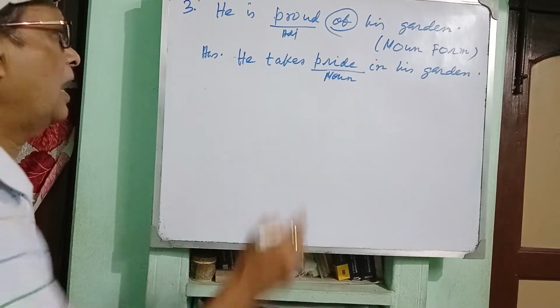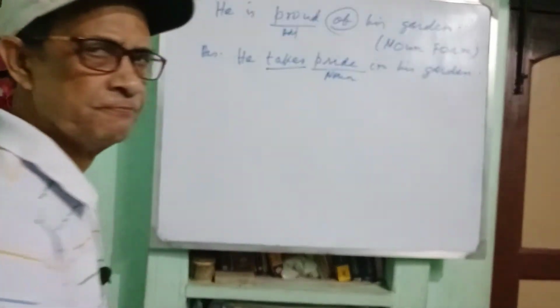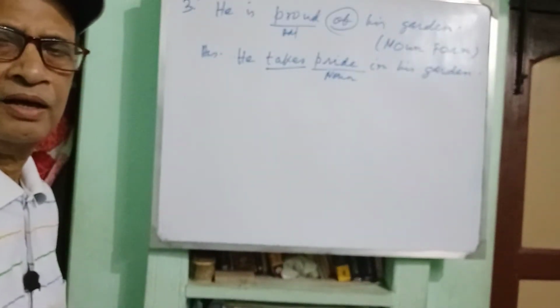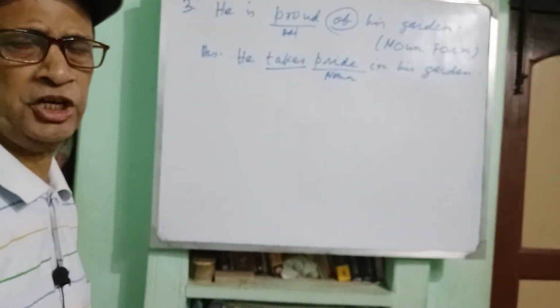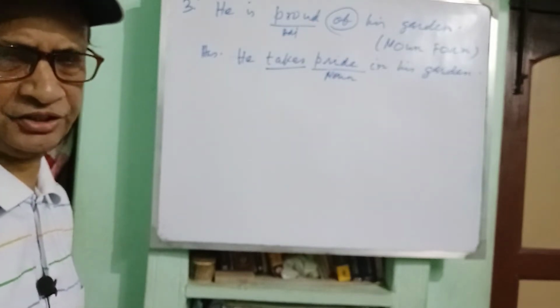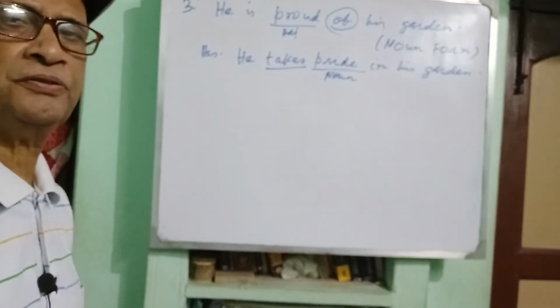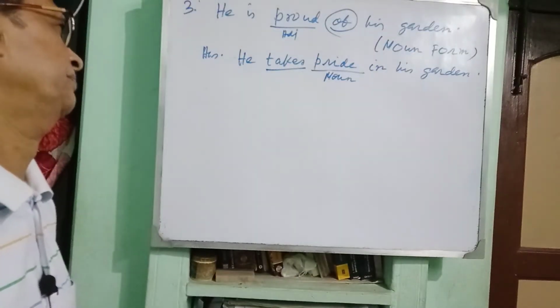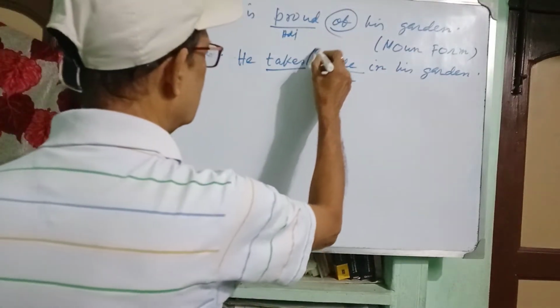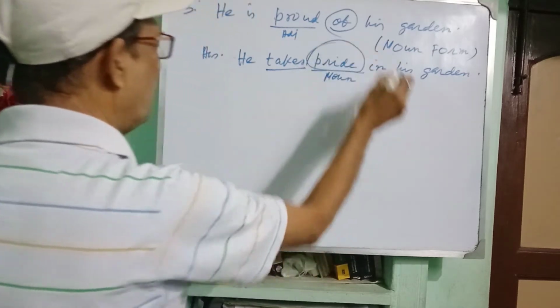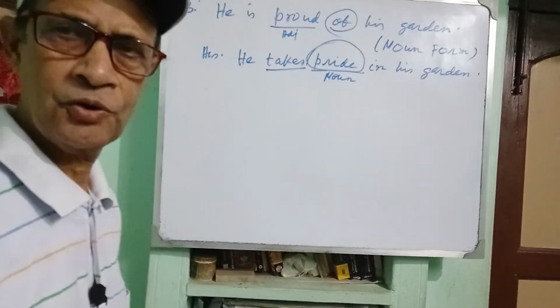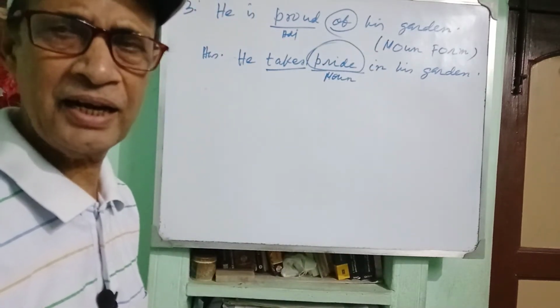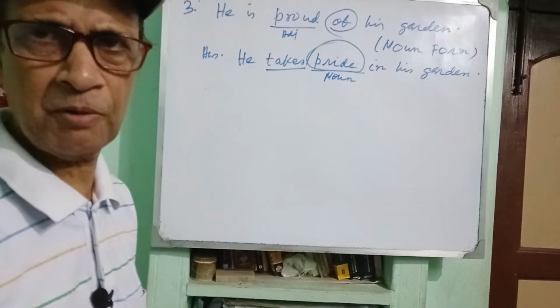He takes pride, and the verb is takes. Suppose in your exam you have been asked to use the verb form of pride. Then how will you use the verb form of pride?